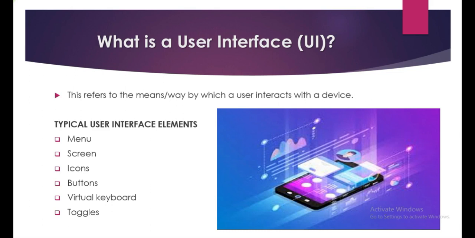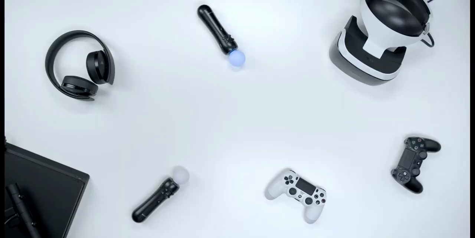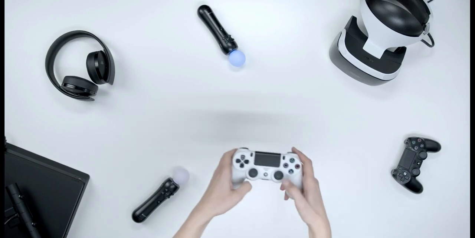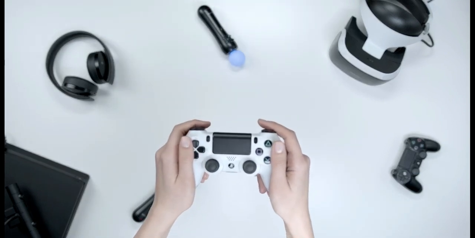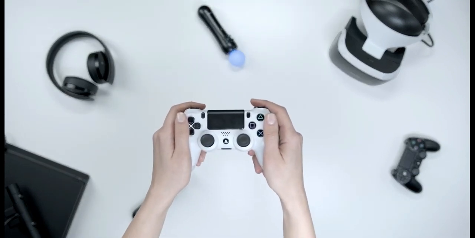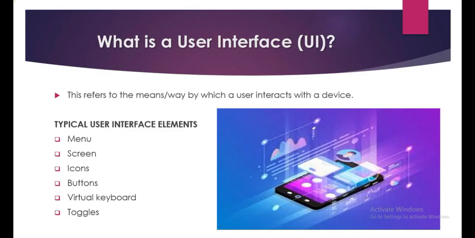There are different ways that we can interact with these things. Notice that there are different ways to get data into these devices and also to get responses from them. Now, the form in which these devices are presented to us to allow us to interact with them, that is what is referred to as the interface, right? That's the user interface.